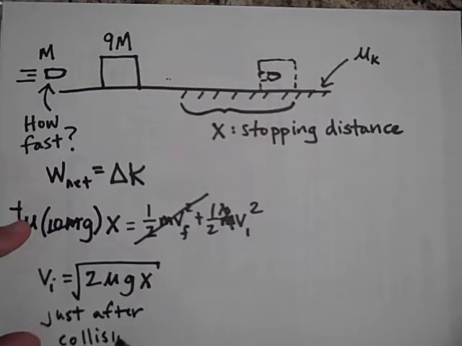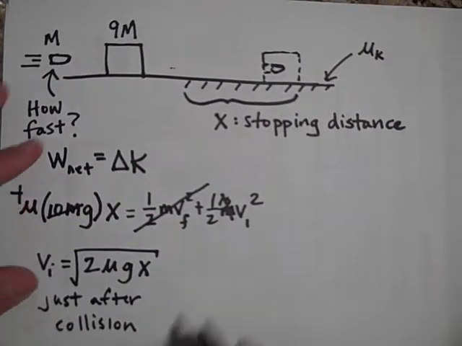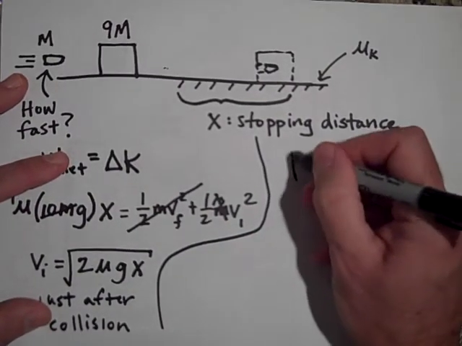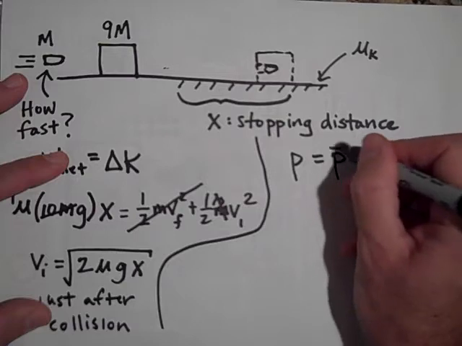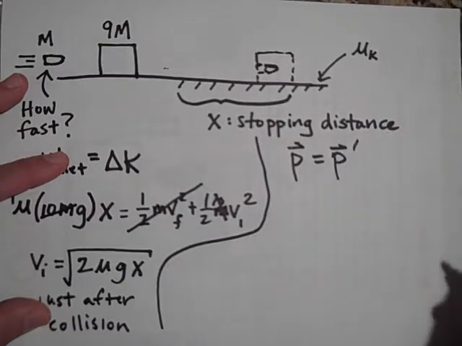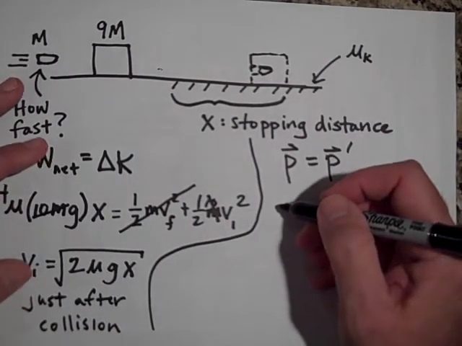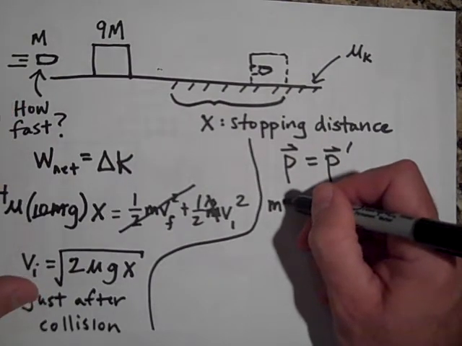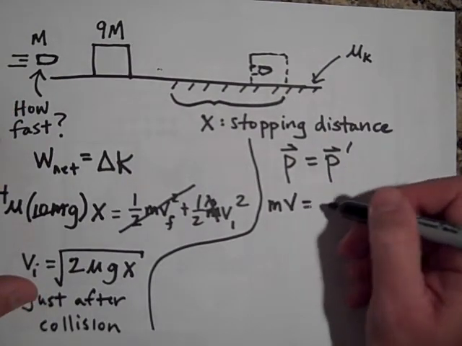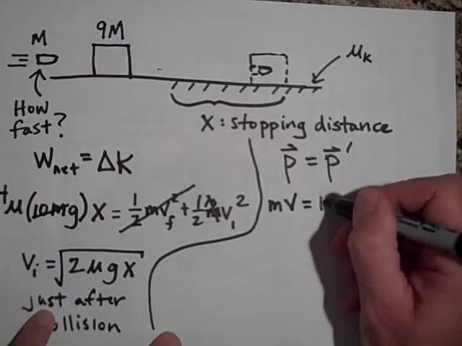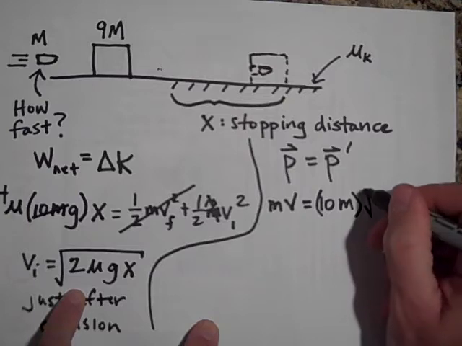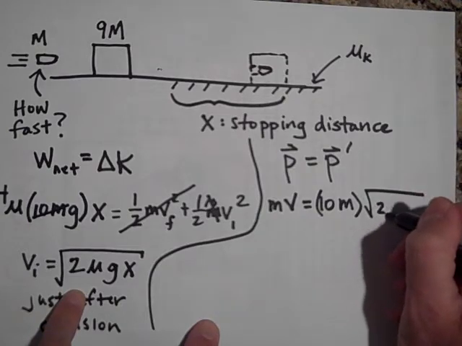Now I'll use momentum. Momentum before equals momentum after. So the momentum before is just m times v coming in. The momentum after is 10m times this v.